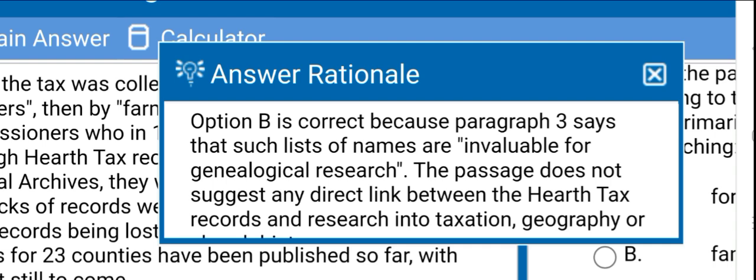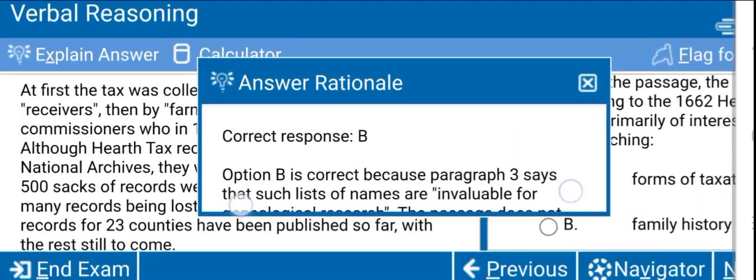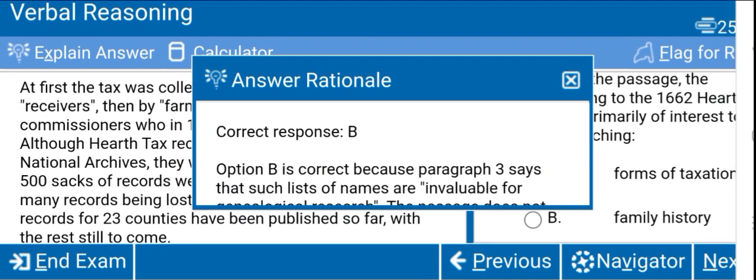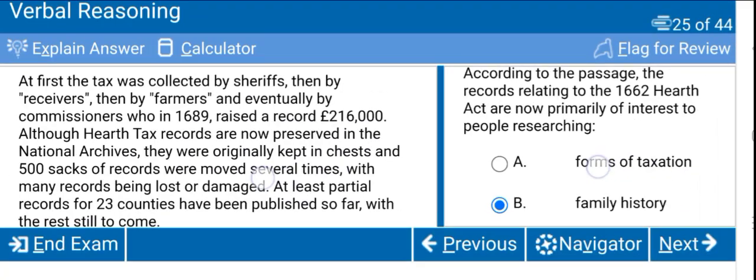The passage does not suggest any direct link between the herd tax records and research into taxation, geography, or church history. So that's why we have option B, which is family history, is the correct option.